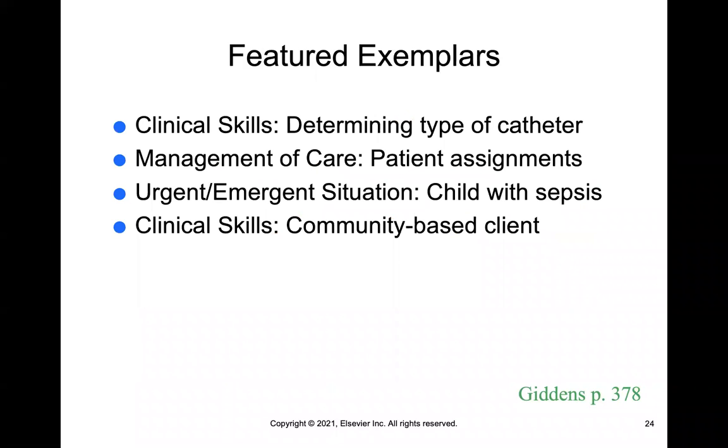Now, at the end of your Giddens text, there are some examples. An exemplar is an example of how we're most commonly going to see this concept being used in nursing practice. And so here are 4 examples or exemplars of how clinical judgment is used in nursing practice. In clinical skills, you have to determine what size or type of catheter you're going to use, whether it's a urinary catheter or an IV catheter.